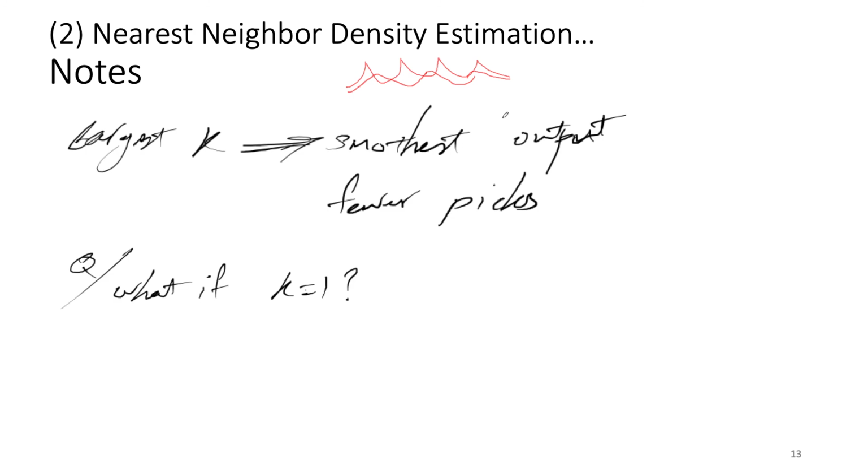What if k was 1? What would happen? You had a bunch of data here. That was your bound, okay? And k is 1. What would happen? Do you have a guess?